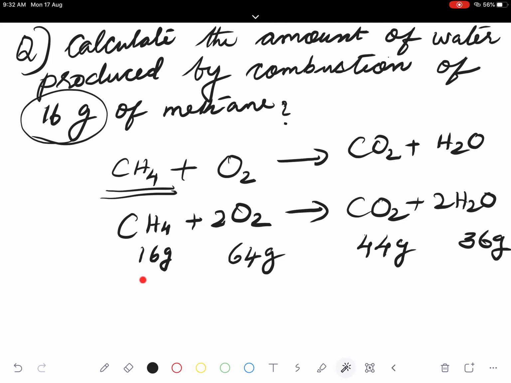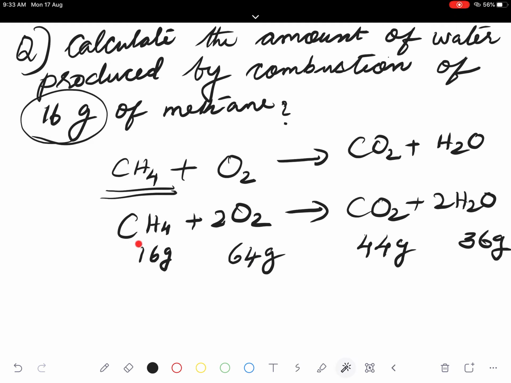So 16 grams will take whatever amount of oxygen is required. It means 64 grams of oxygen supply is enough. It is understood from the question that however much oxygen is required, that much it will take for the reaction. You don't have to worry about the oxygen amount because enough supply is there.